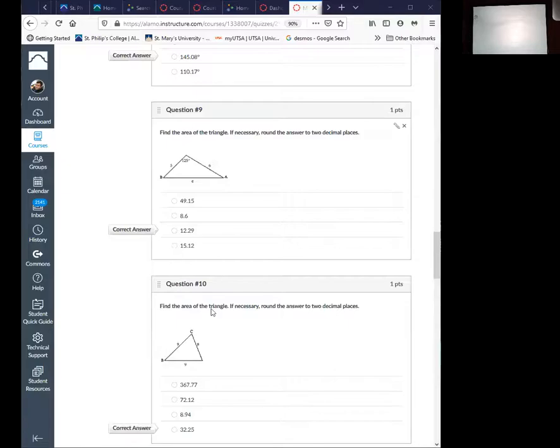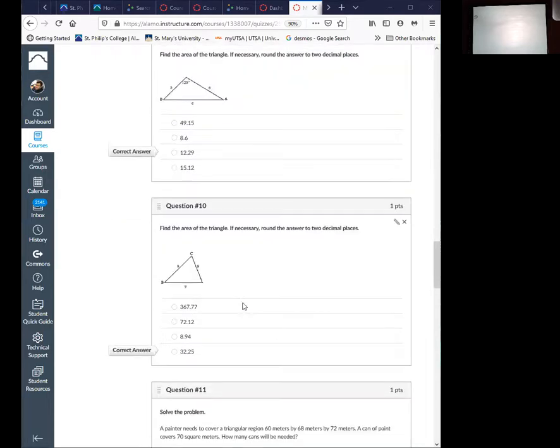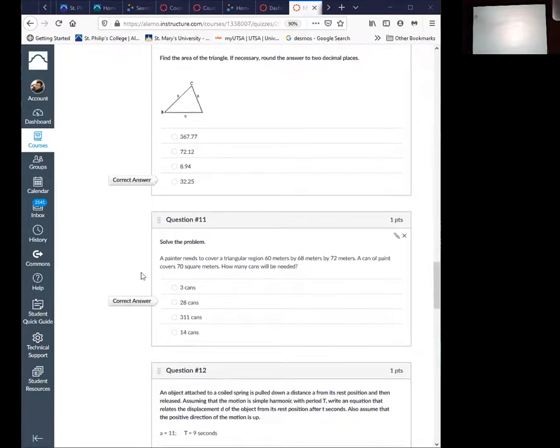Number 9 and 10 are actually not too bad. They just tell you to find the area, given some information. So let me show you. 9 and 10 will be the same thing, you just use different formulas. Let's do 10 and then do this word problem here.